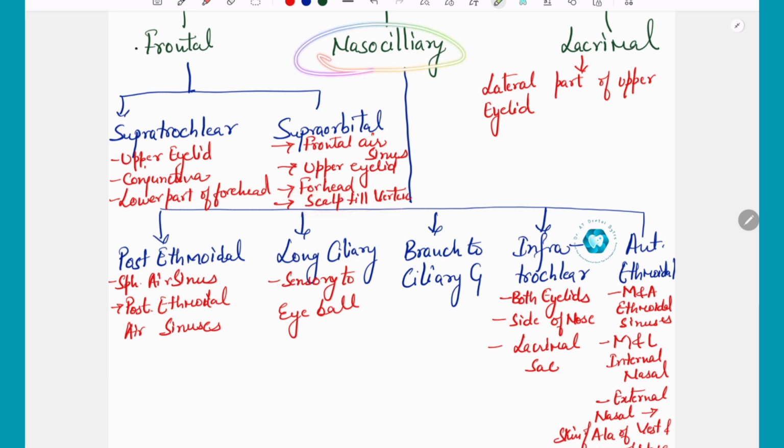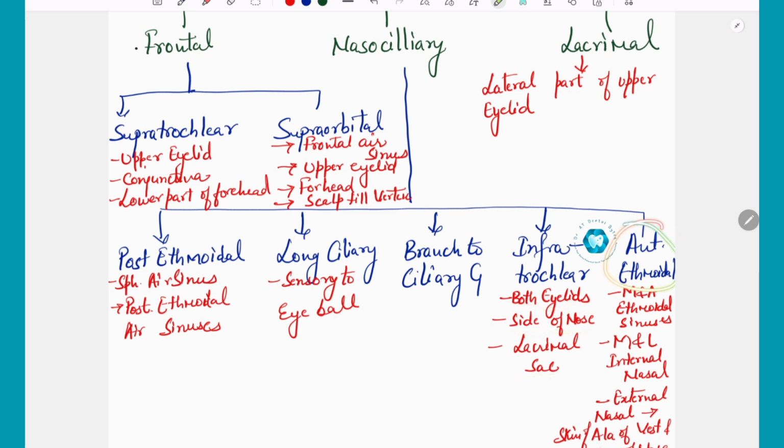The nasociliary has the branches, the posterior ethmoidal, long ciliary, branch to the ciliary ganglion, infratrochlear, and the anterior ethmoidal. The posterior ethmoidal supplies the sphenoidal air sinus, the posterior ethmoidal air sinuses. Long ciliary is sensory to the eyeball, and the infratrochlear supplies both the eyelids, the side of the nose, and the lacrimal sac.